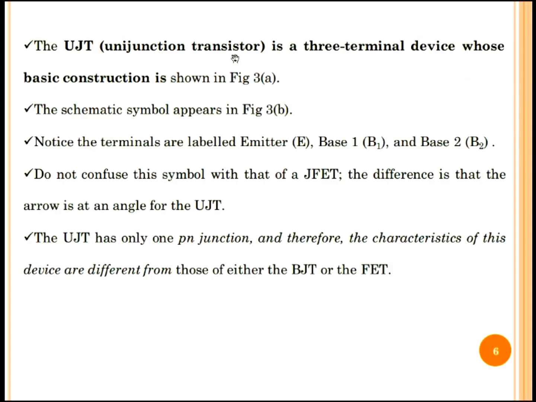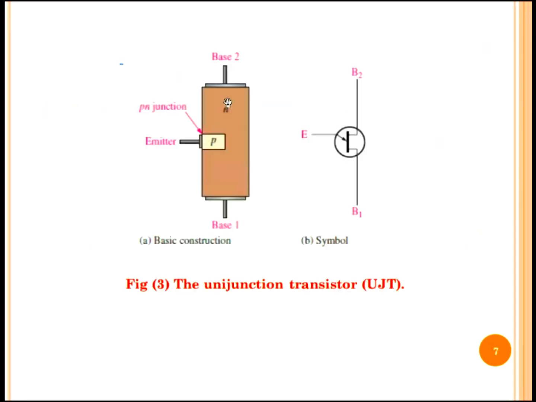So the UJT is a three-terminal device whose basic construction is shown in this figure. You might have studied this in your UG also. We have three terminals. However, only one junction we come across, between this N-type semiconductor and P-type semiconductor. This is the base region, and this is base 1 and base 2. This is basically the N-type substrate.